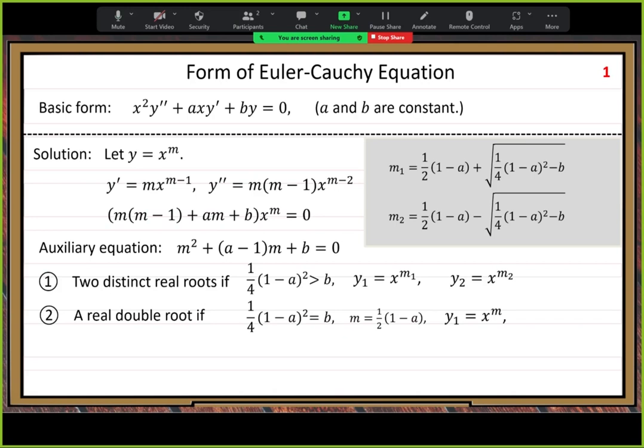Let me do some analogy, because our logical reasoning here is based on analogy. In our previous case, we used the e function structure. Here we use the x function structure, x to something. In the e function case we put an extra term x, and here, what should we put?